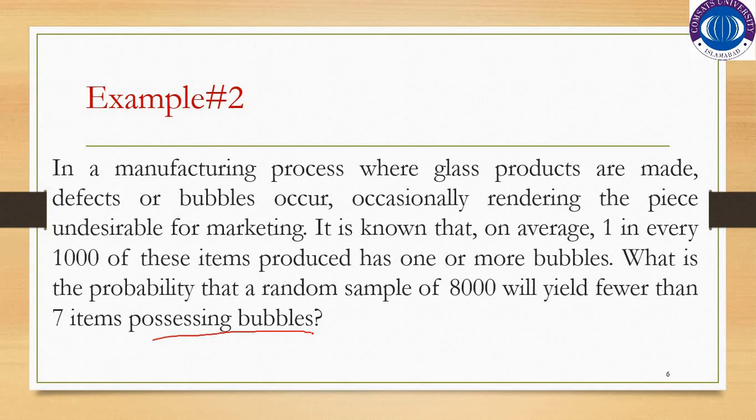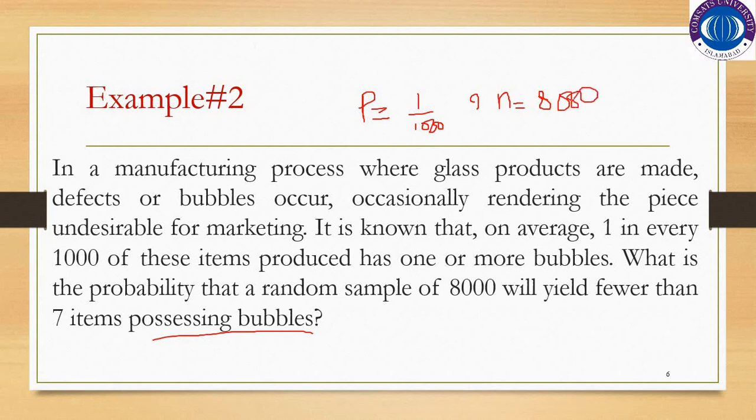The chance of the product being defective is on average 1 in every 1,000, which is p equal to 1 over 1,000, and they are taking a random sample of 8,000, so n will be equal to 8,000.